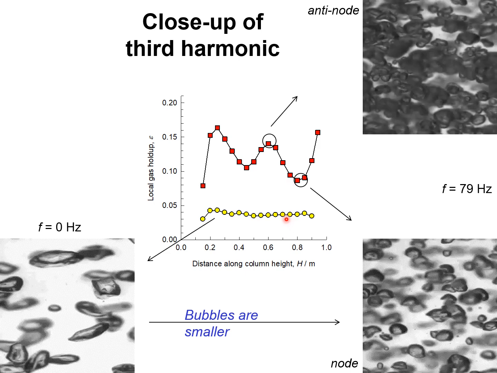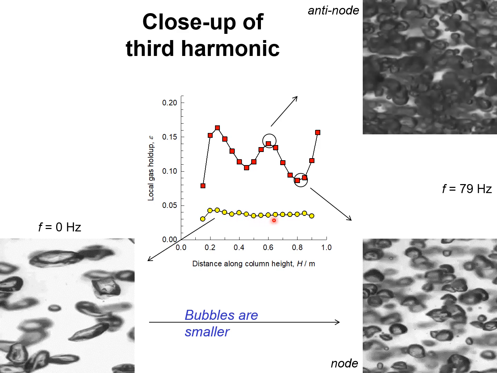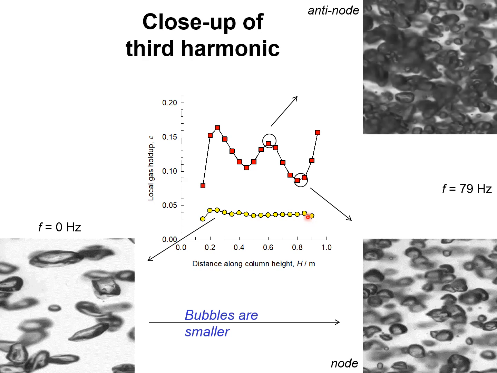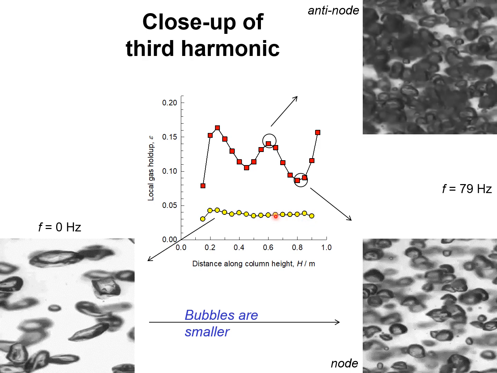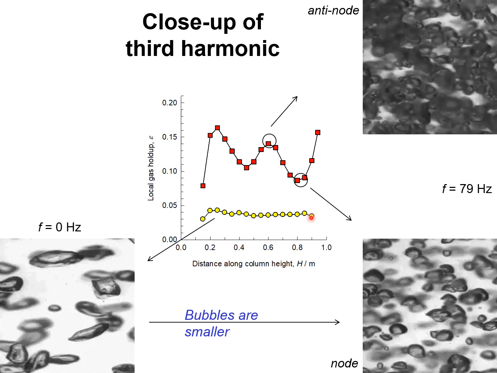The operation of an unvibrated column is shown in this set of symbols with yellow circles, and the gas holdups are practically uniform but significantly lower than the gas holdups obtained for an operation in the third harmonic mode.